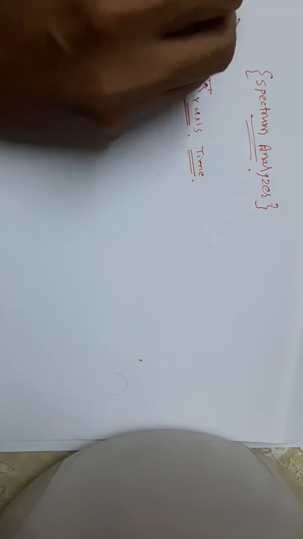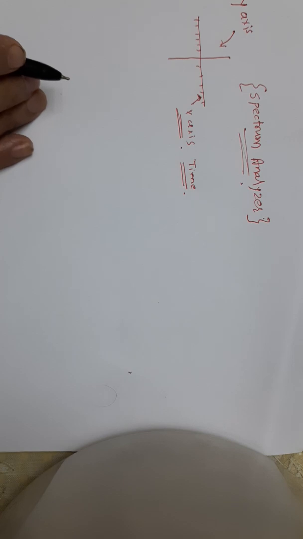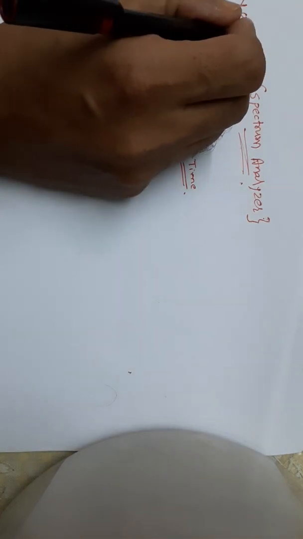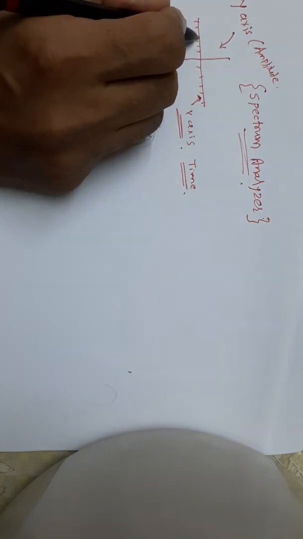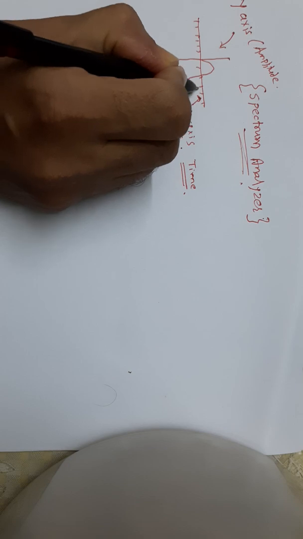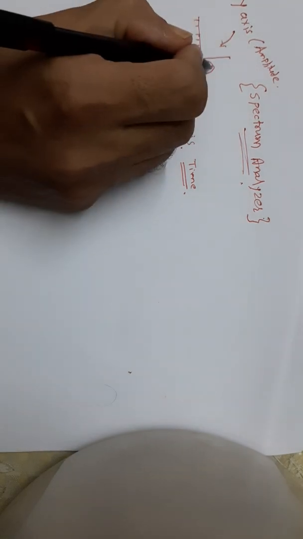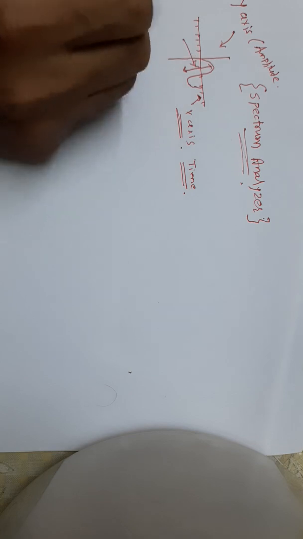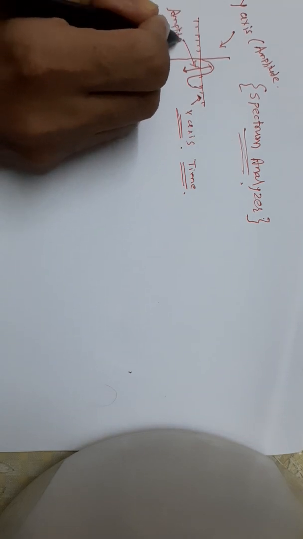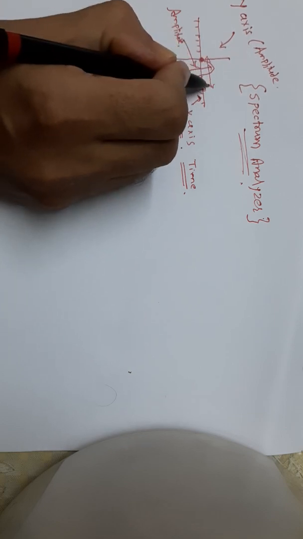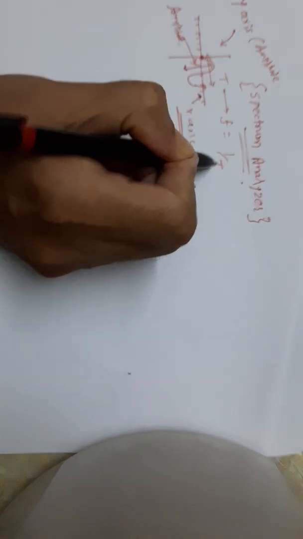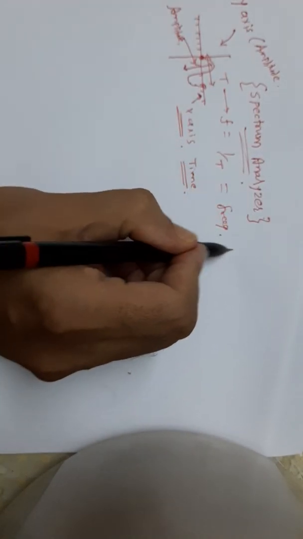This is your y-axis, which is amplitude, and the signal looks like this. From the start to the end along the x-axis is the periodic time T, and f is equal to 1 upon T, which is frequency measured in hertz.